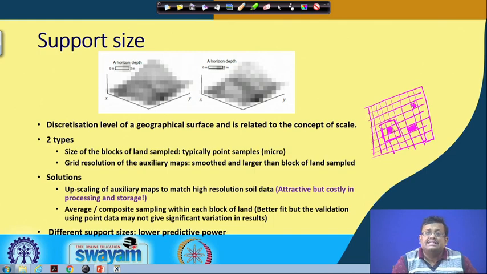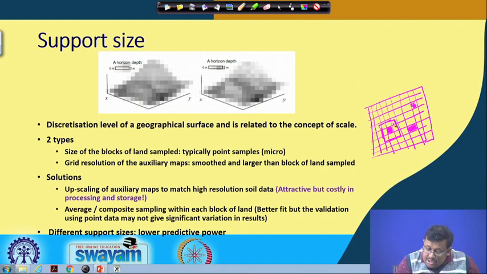That creates a problem, because when there is a difference in the support size, we cannot interpolate the data effectively. So, there are two types of solution. First of all, we can upscale the auxiliary maps to match the high resolution soil data.